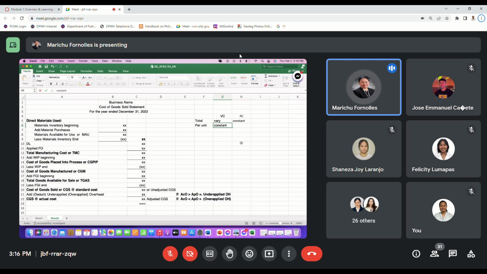It remains the same per unit, whether you increase or you decrease the volume of production. But in terms of the fixed cost, per unit will vary as the volume changes.